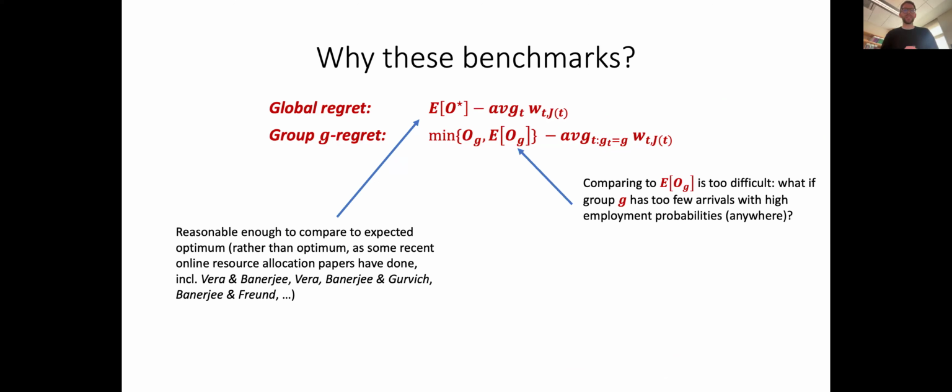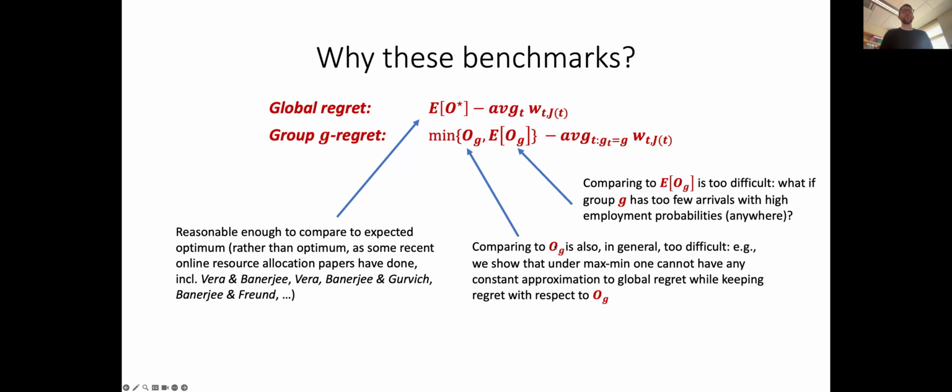For the group G regret, comparing just to the expectation of OG would be too difficult, because you might have a particular group G that has too few arrivals that have high employment probabilities, no matter where they get assigned to. So if you compare to the expectation, you wouldn't be able to get strong results. And comparing to the true optimum is also in general too difficult.